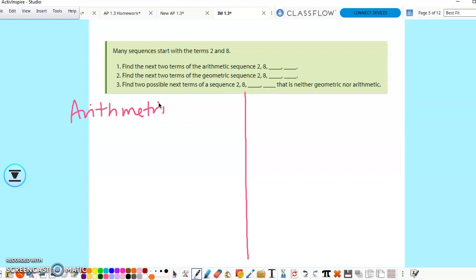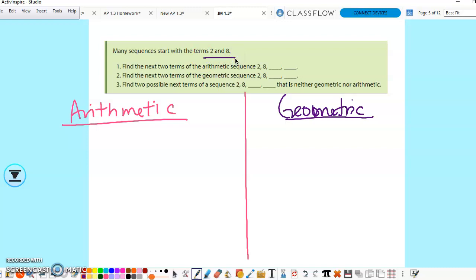Ugh, I can't talk and write at the same time. An arithmetic sequence versus a geometric sequence. And I'm going to lead you through everything you need for the checkpoint.